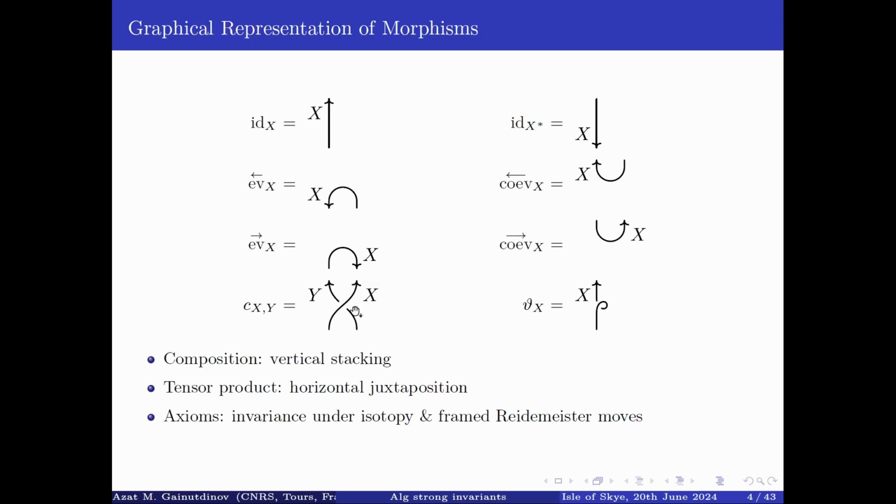Braiding is just the symbol of a braid, and a ribbon twist, which will be responsible for the framing, is just a little ribbon twist. In the graphical picture, composition is just vertical stacking of such graphs, and tensor product of morphisms is just horizontal juxtaposition, and the same axioms guarantee invariance under isotopy and framed Reidemeister moves.